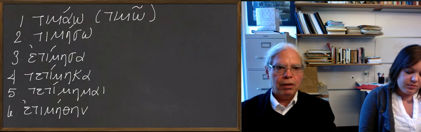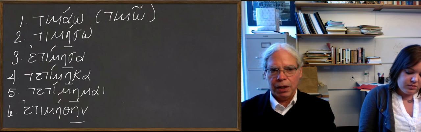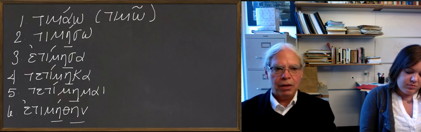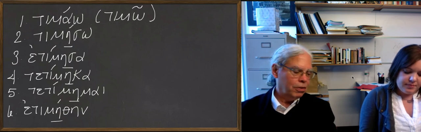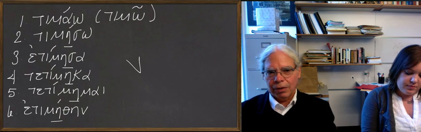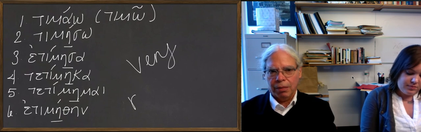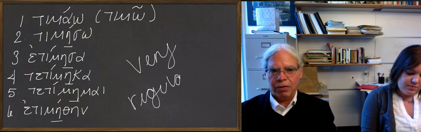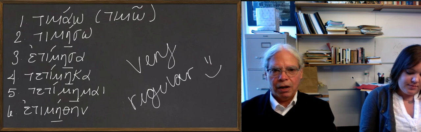You'll see that in the future you've got timē, and in the aorist you've got timē, and so forth in the perfect active, the perfect middle, and the aorist passive. So the stem becomes frozen, and then you just add the endings. It's extremely regular, more regular than any other verbs, and it's easy to do. So to compensate for the complicating factors of the contraction in the present system, you've got a hyperregular system outside of that.